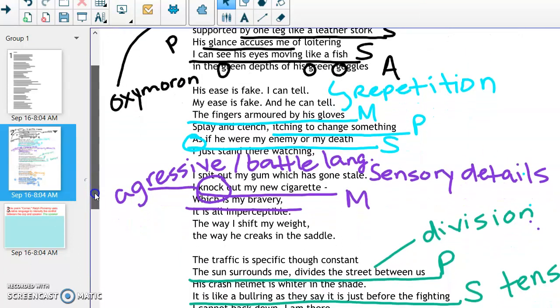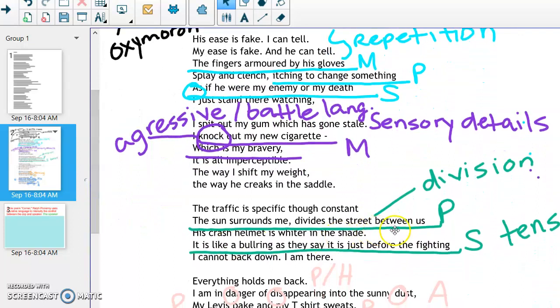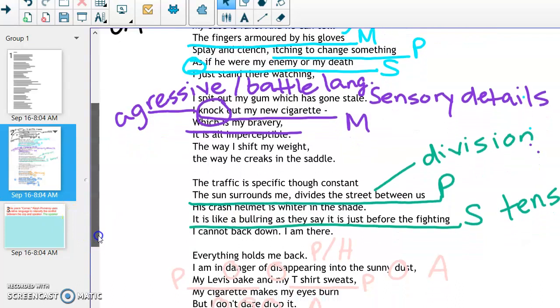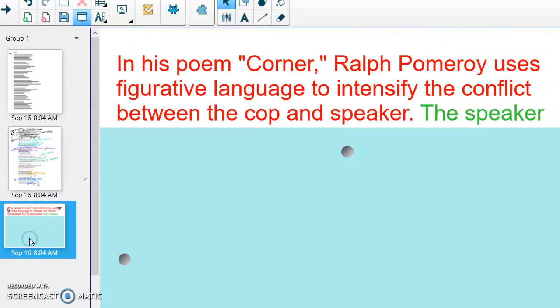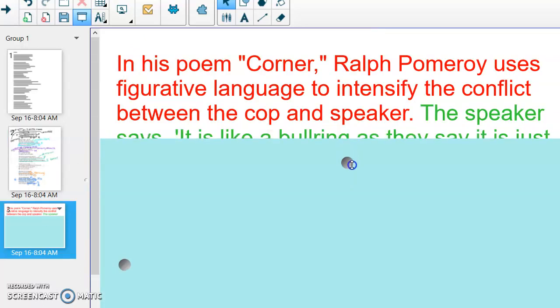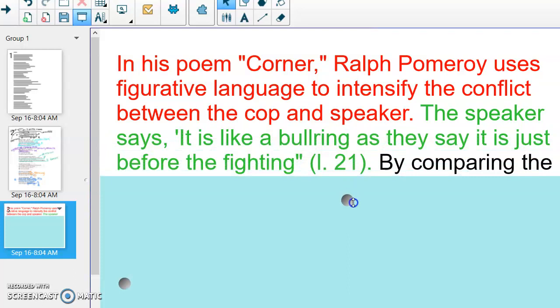The sun surrounds me, divides the street between us. That might work well. I like this one a lot: it is like a bull ring as they say it is just before the fighting. We know these moments are intense, and at any moment they could break out into a fight. So I'm going to use that one. Again, I want to make sure that I'm introducing the quotation.